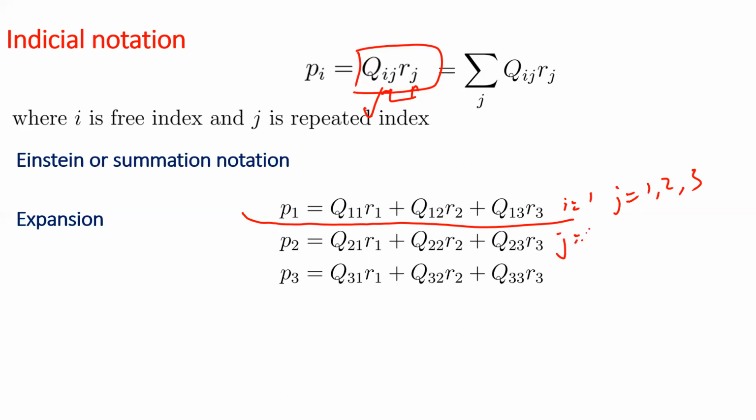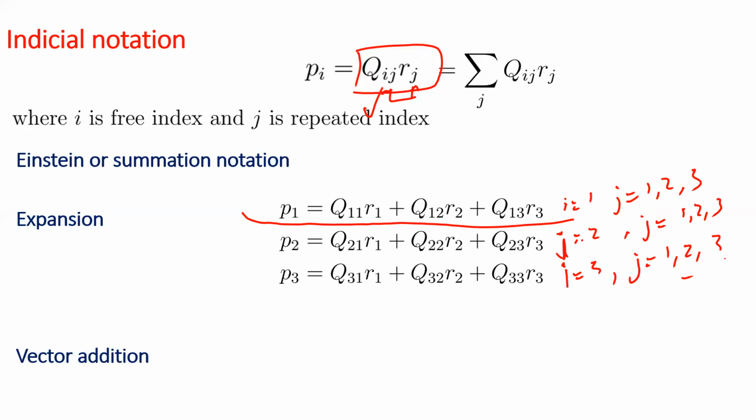In the second expression, i is 2, whereas j varies over 1, 2, and 3. Likewise, in the last one, i is equal to 3 and j varies over 1, 2, 3. So that's all there is to it. Popularly, this notation is also referred to as Einstein notation or summation notation. We will stick to one term, which is indicial notation.